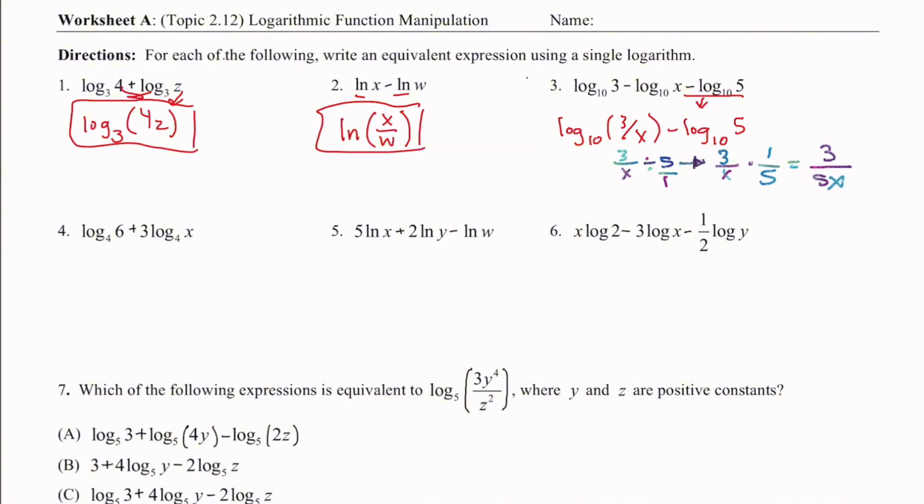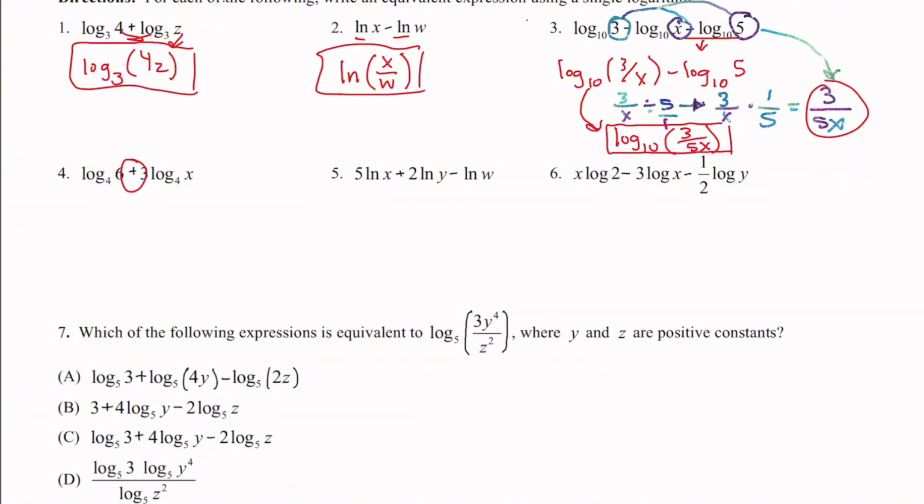And so this is our answer after dividing 3 by x, and then the answer to that gets divided by 5. And then we get this right here. So our answer is going to be log 10. Bring this down, and then this right here, 3 over 5x.